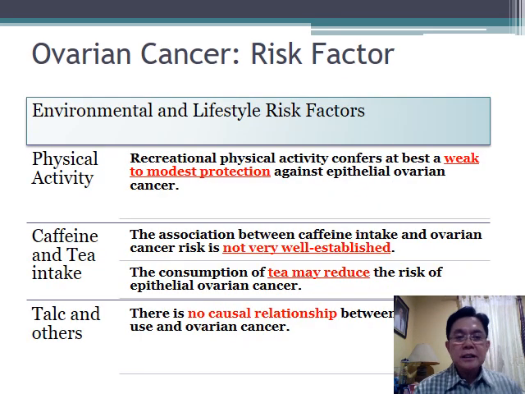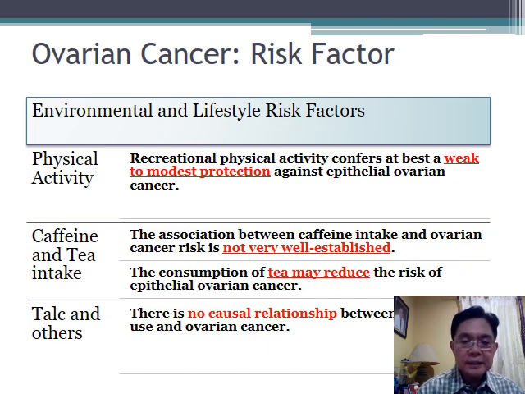Recreational physical activity confers at best a weak to moderate protection against epithelial ovarian cancer. The association between caffeine intake and ovarian cancer is not well established, but the consumption of tea may reduce the risk of epithelial ovarian cancer.